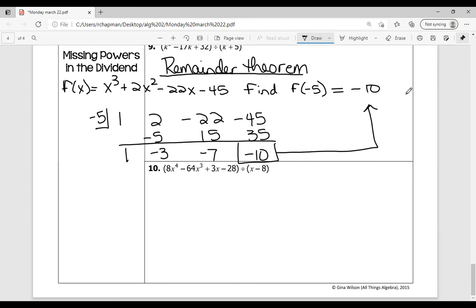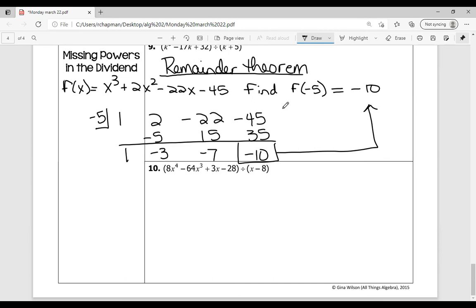All right. Hopefully you have your answer. Did you get negative 10? Anybody get negative 10? Okay. Did you do it the way I did it? Or did you plug negative 5 in for every x? Okay. What happens is I don't like plugging in negative numbers.